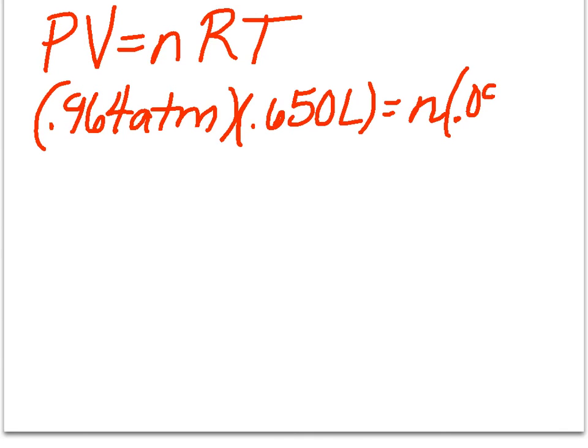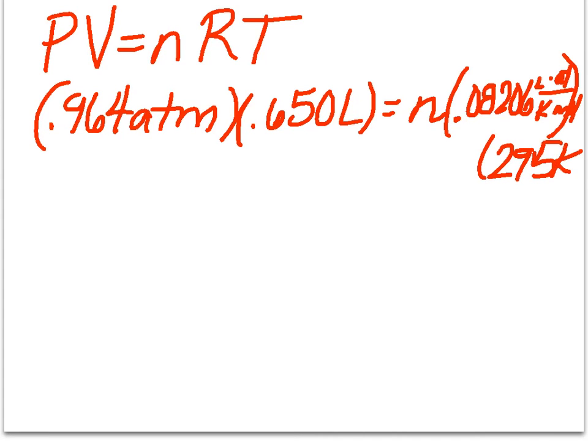We have 0.08206 liters times atmosphere over K mole. And our temperature is 22 degrees Celsius, so 22 plus 273 is going to give us 295 Kelvin.